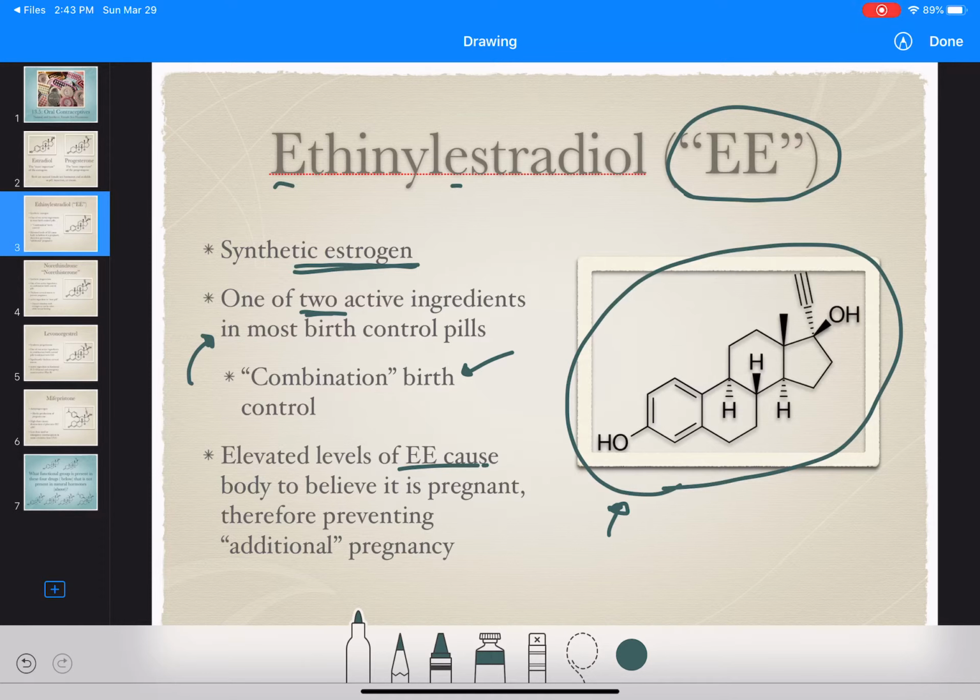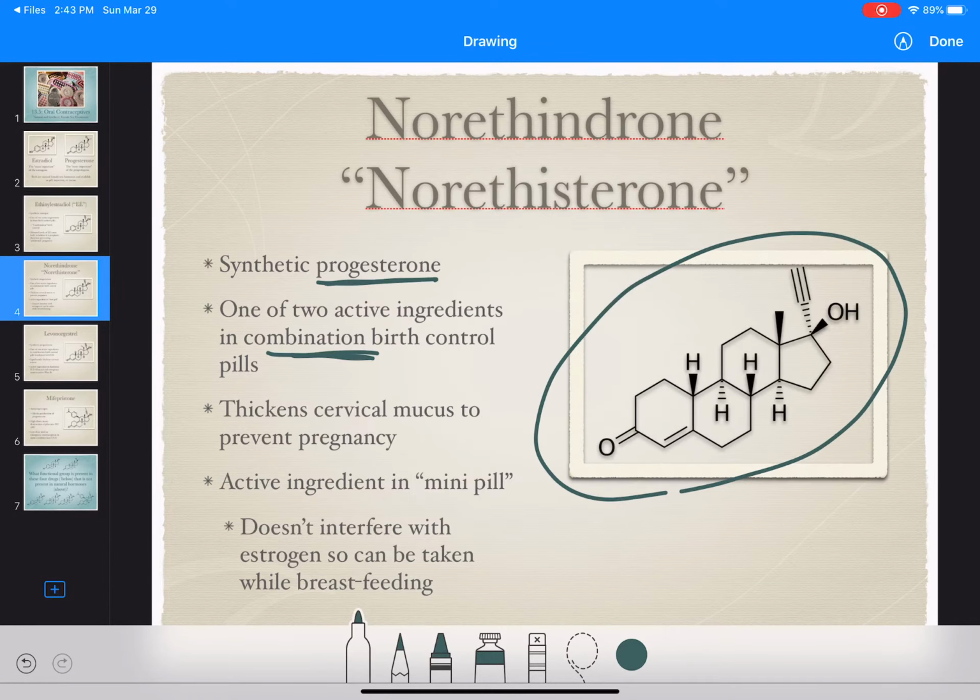So this would be one possible combination, ethinylestradiol plus norethindrone. Norethindrone works differently than EE. Norethindrone's job is to thicken cervical mucus, which makes it harder for sperm to get through the cervix up into our uterus and fertilize an egg that might be there, and prevent pregnancy in that way.